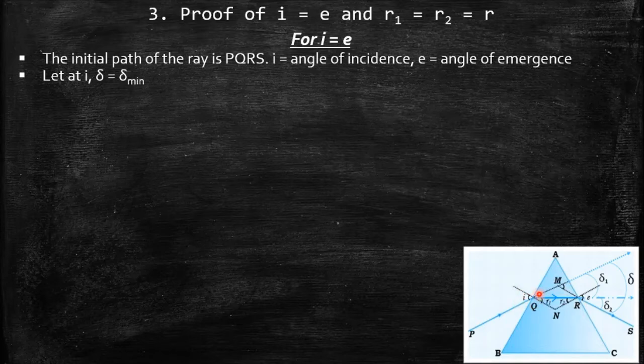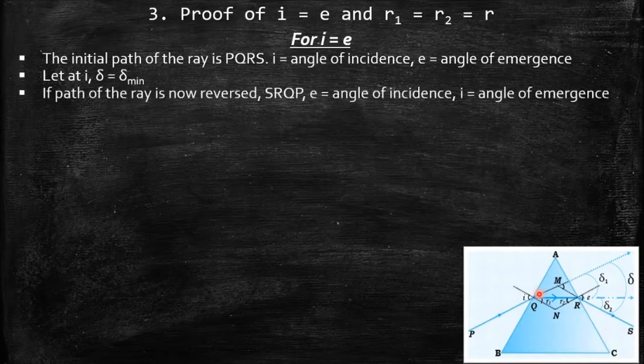Now, do you remember we have even studied the principle of reversibility of light? Yes. So, if I reverse the light now, that is, if I simply reverse the original path of the ray, now the ray is not traveling as PQRS, now the ray is traveling as S, R, Q and P.